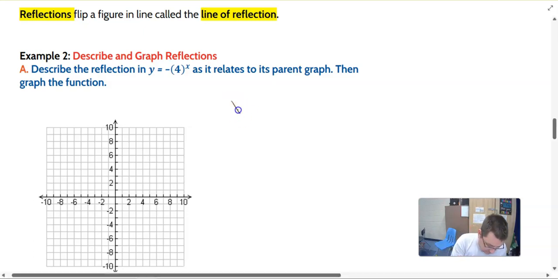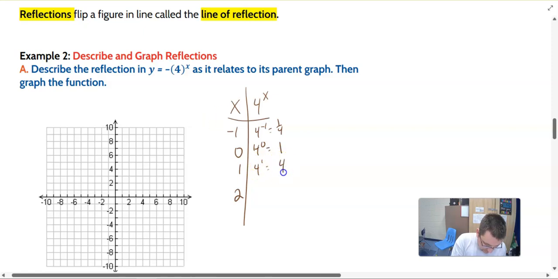And so our parent function is 4 to the x. And so -1, 0, 1, and 2. And so we're going to get 4 to the negative first. That's 1/4. 4 to the 0 is 1. 4 to the first is 4. And 4 squared is 16.